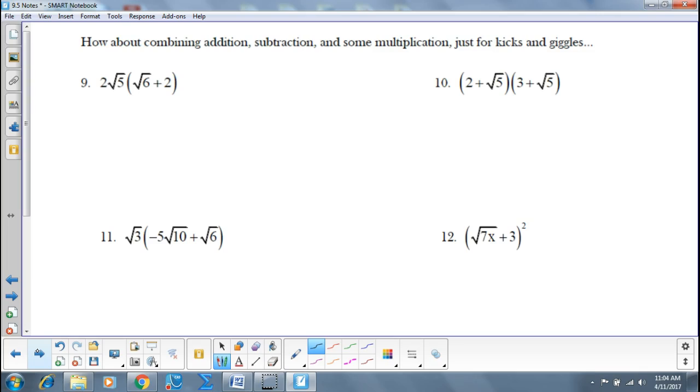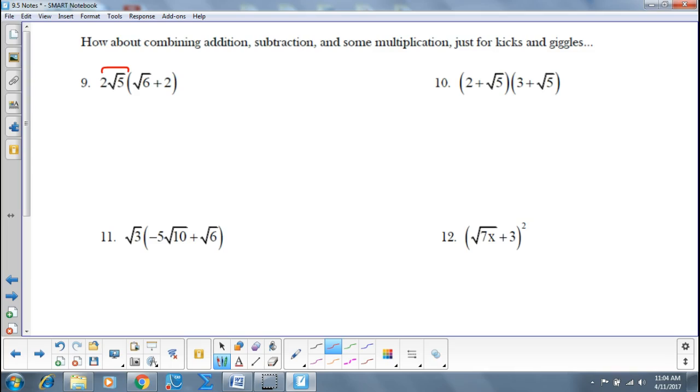So if I'm dealing with the distributive property, I'm going to take this whole thing outside, and it could be a number, a radical, a variable, or some combination thereof.